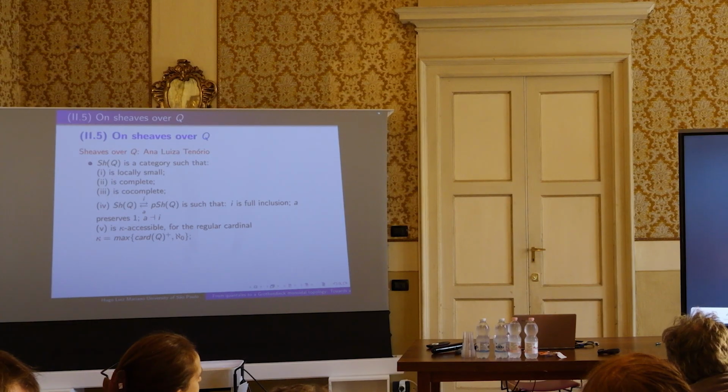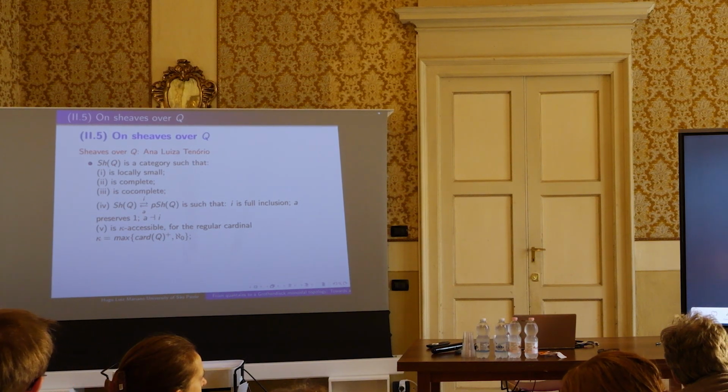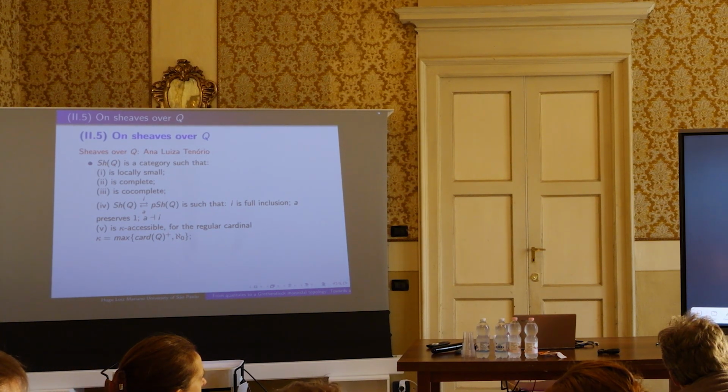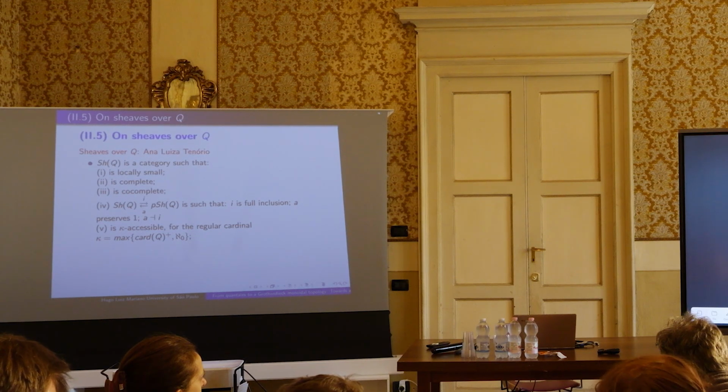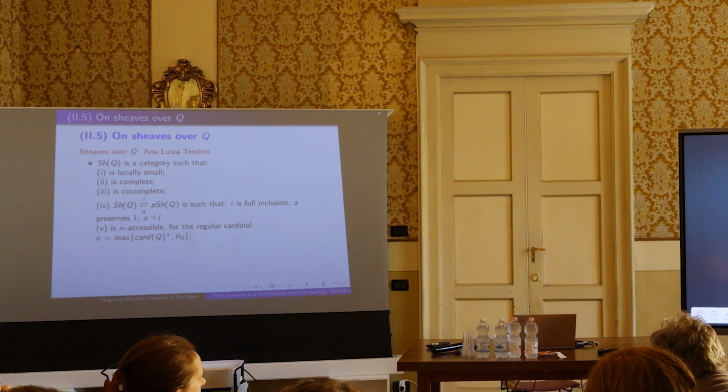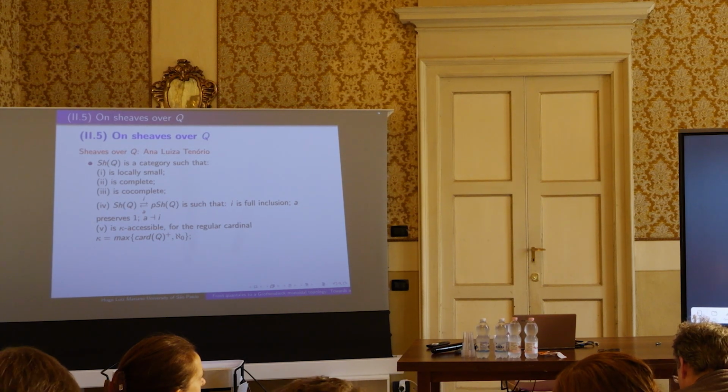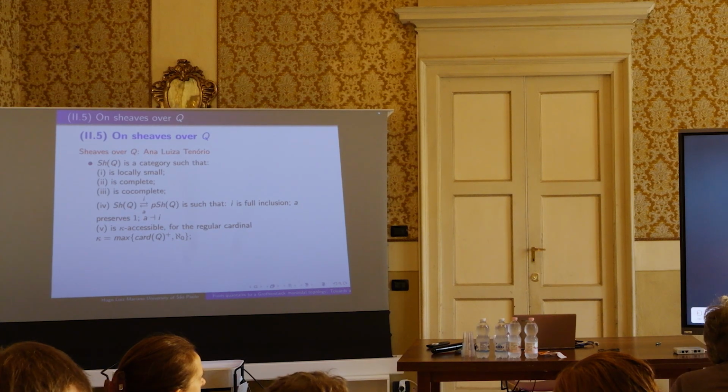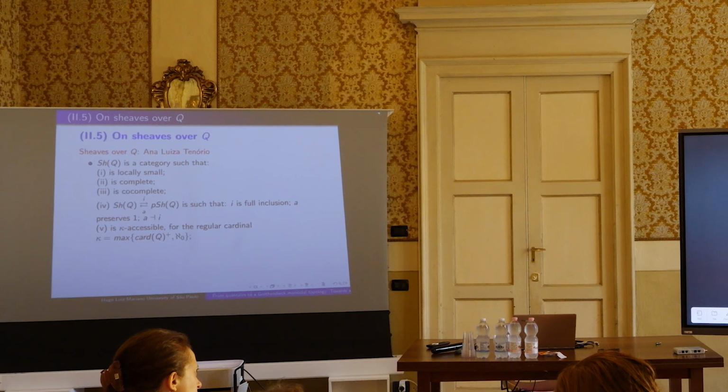Of course, we can do the same argument considering sheaves not over sets, but over every locally presentable category, because categories that are locally presentable are the categories of models of a sketch given by diagrams and finite limits in general, and you can interchange both constructions.